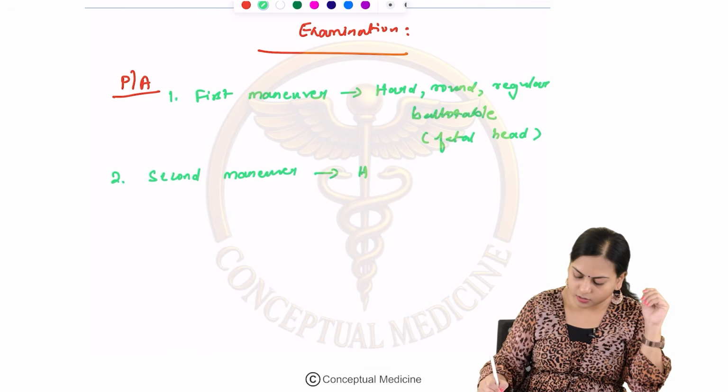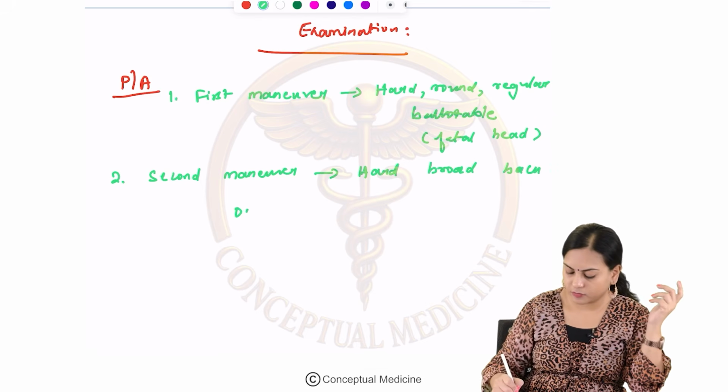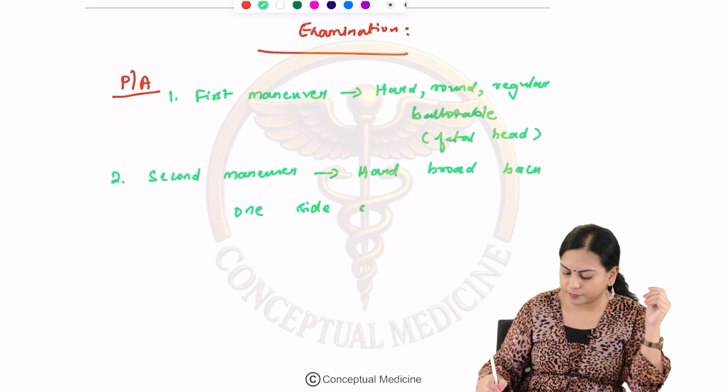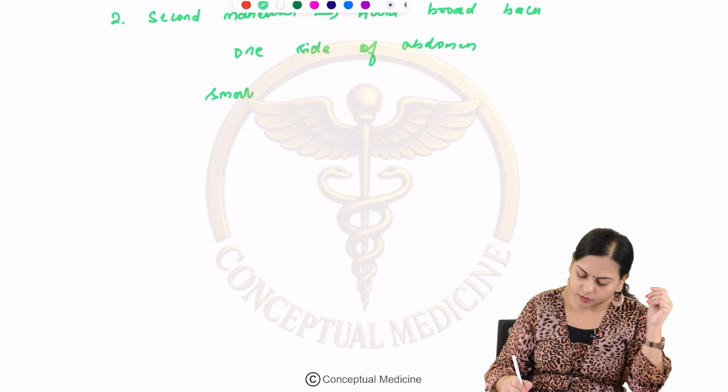shows a hard, broad back on one side of the abdomen, whereas on the other side you will have small multiple knobs.